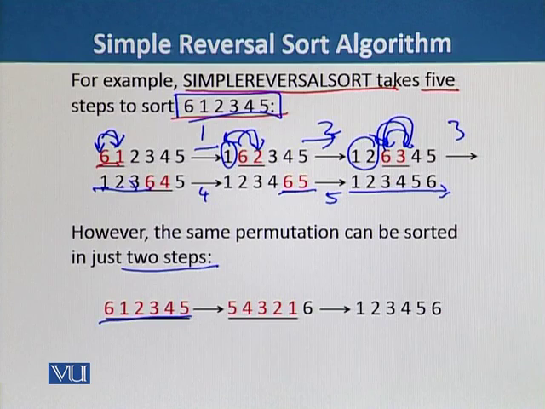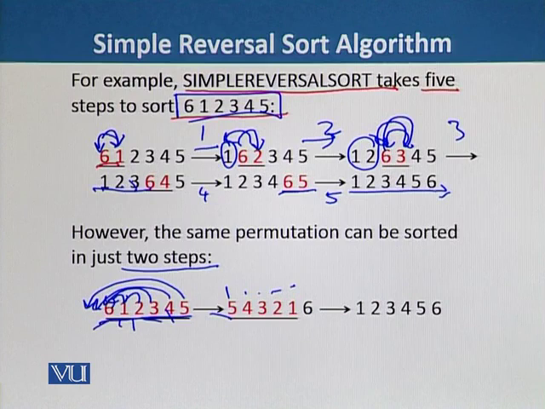If we reverse the order of the whole, 5 will come first, then 4, then 3, then 2, 1 and in the last 6. And in the second step, if we again reverse these 5 numbers, we will come up with the numbers in ascending order.